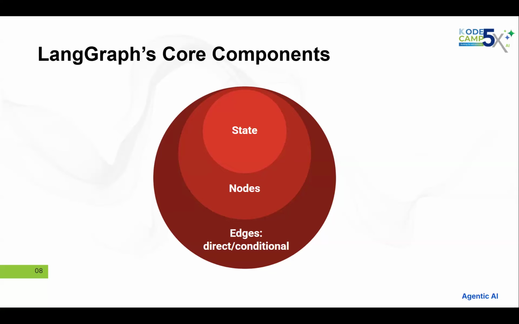LangGraph is an agent orchestration library in the LangChain ecosystem. So LangGraph typically works with LangChain.